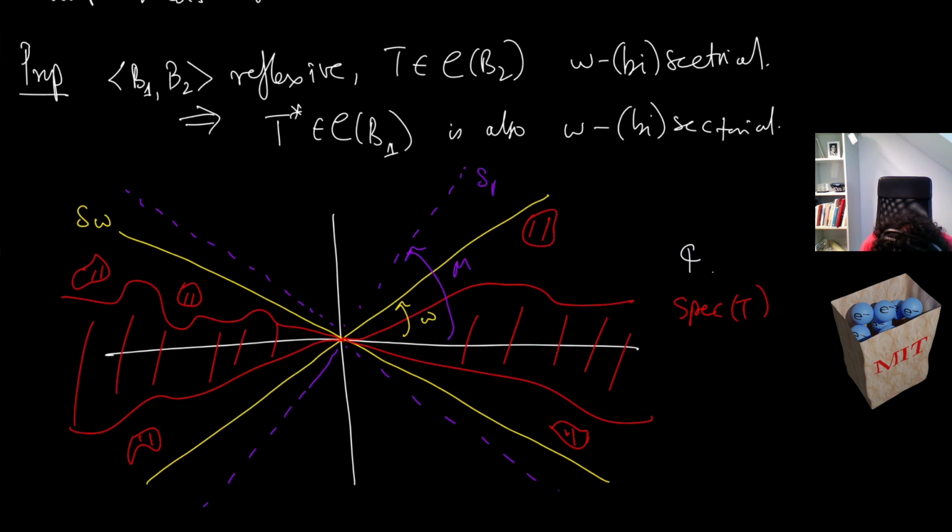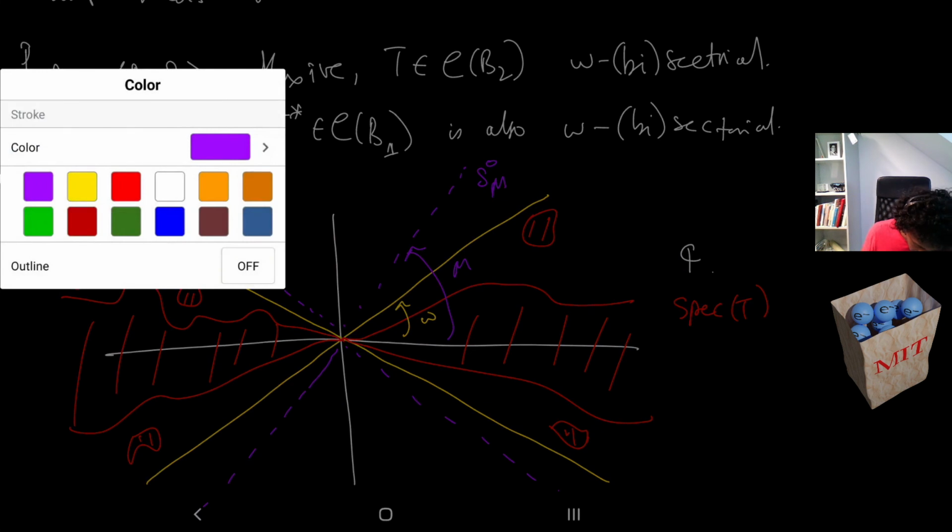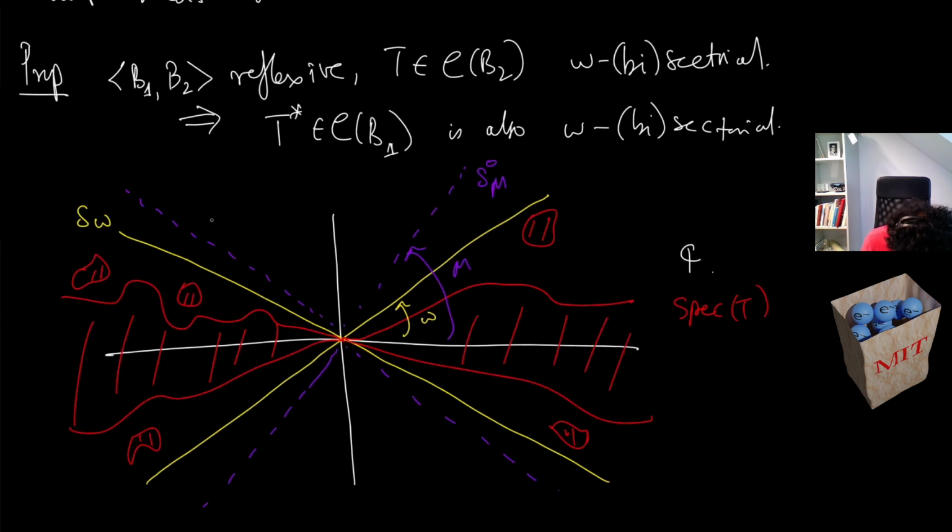So this is S mu 0. And so out here we have zeta minus T inverse. So this is certainly in the resolvent set now, being less than or equal to C mu. Okay, that's the picture.